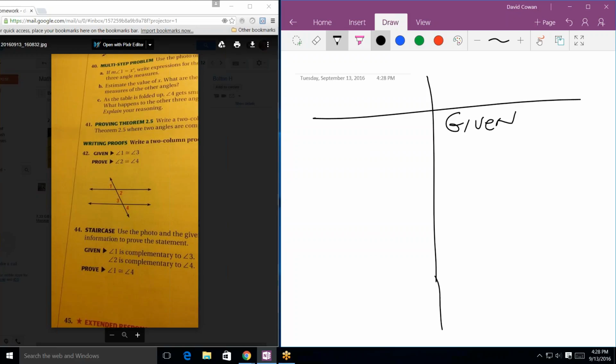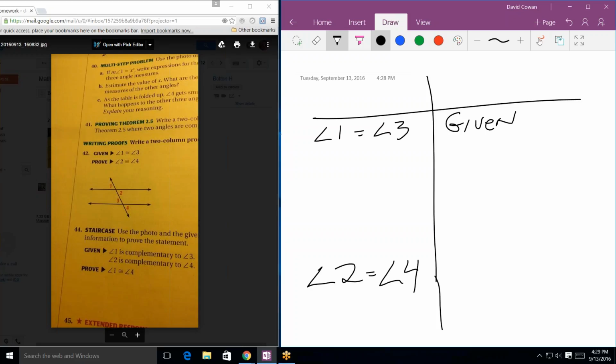The given is angle 1 equals angle 3, and we're to prove that angle 2 equals angle 4. The way I like to do these 2-column proofs is down here at the bottom, I write angle 2 equals angle 4, and I've got to somehow get there.